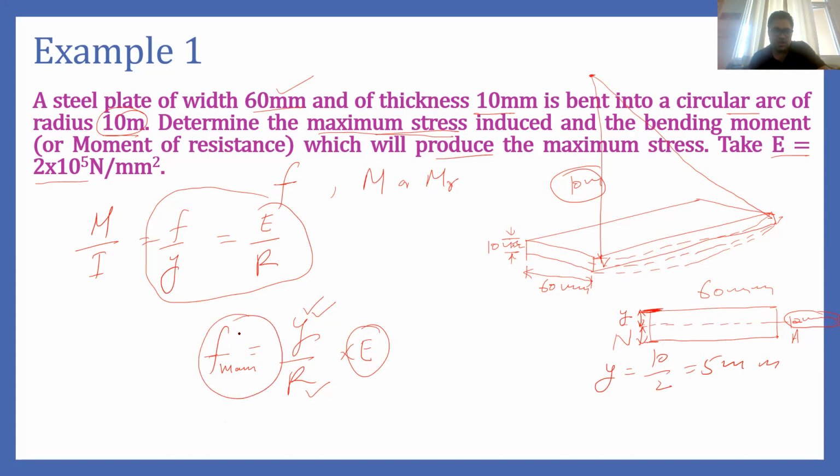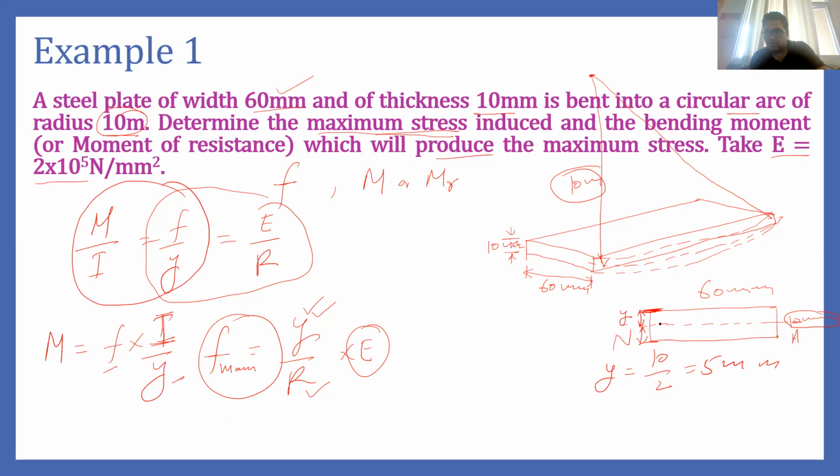Now, once we find out the value of F, then to find out the value of M, we can take these two terms, and with the help of this, we can calculate the value of M as F into I by Y. So in this, F is known, Y is known, I needs to be calculated. Now I is what? I is the moment of inertia about the neutral axis.